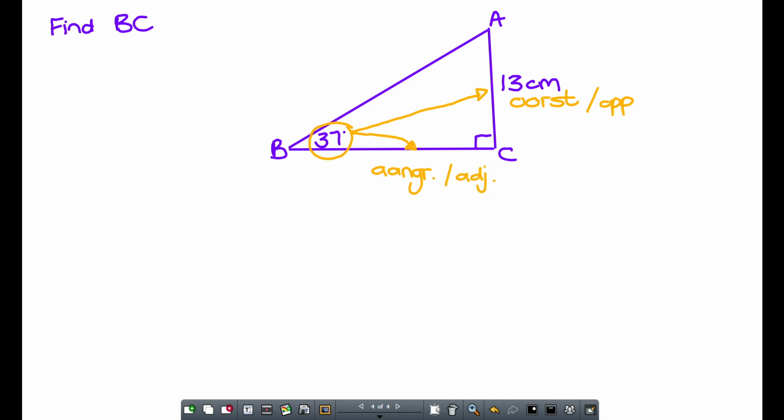Okay, and that means that we're going to use tan. So then I'm going to say tan 37 degrees is equal to, and remember tan is first opposite and then over adjacent. So opposite will be that 13 over the adjacent, which we don't know what it is, so we're going to call it BC.